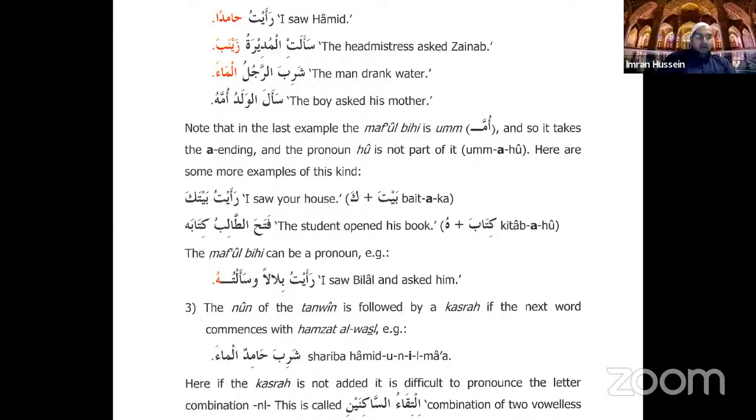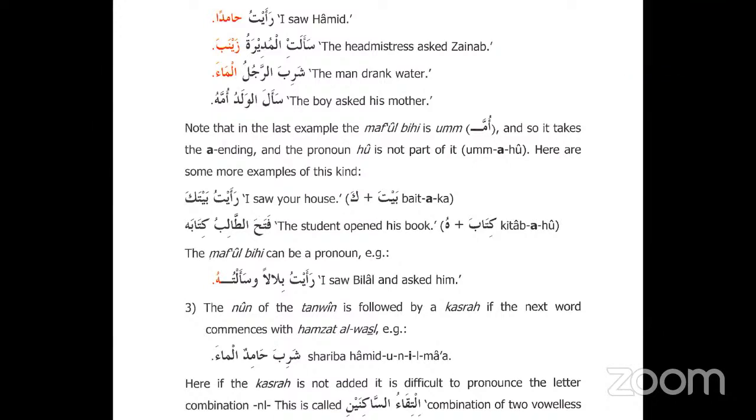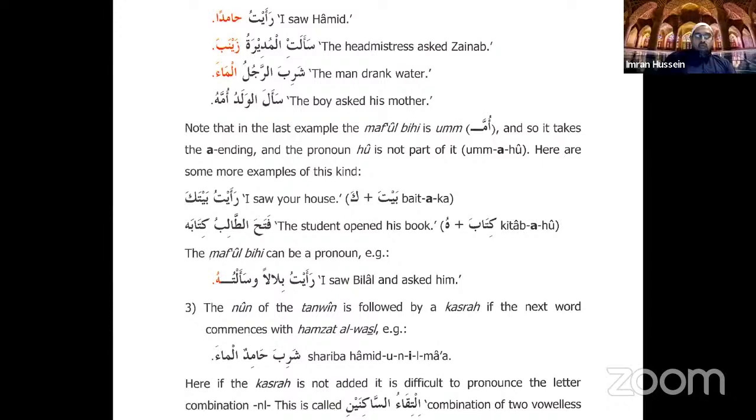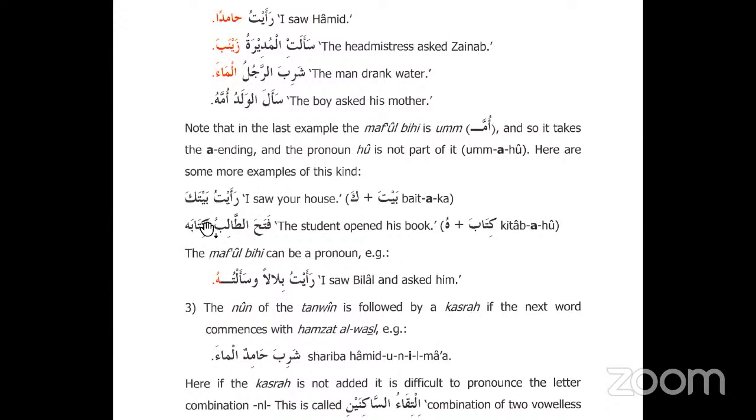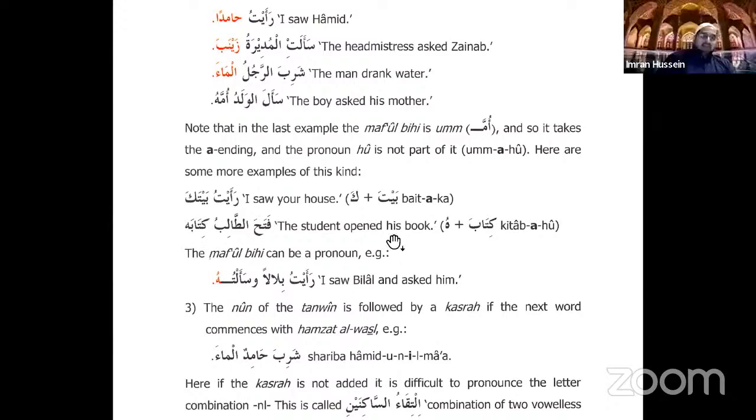It's mudaf ilayh, and it's maf'ul bihi. Whenever a noun is mudaf ilayh, the first part, the mudaf, changes. Originally it was ummuhu, it becomes ummahu. Kitabu became kitaba, baytuka became baytaka.